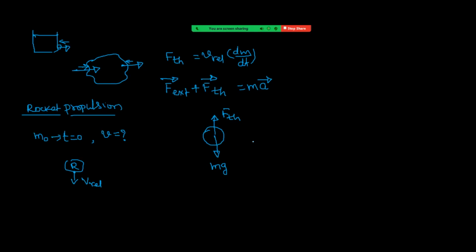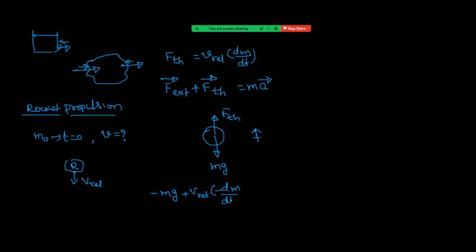Then see what we can write. Let us take up as positive, because one is down and one is up. Gravity becomes an external force because we are taking the rocket as a system. So external force: minus mg. Thrust force, which is upwards, is positive, so I can write it as plus v relative into minus dm by dt.